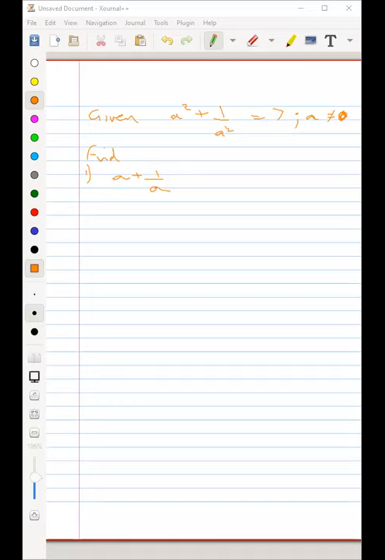Ananya, that's incorrect. Ishan, that's correct. Rest of you hurry up. Ananya, check your working. A squared plus 1 upon a squared is 7.